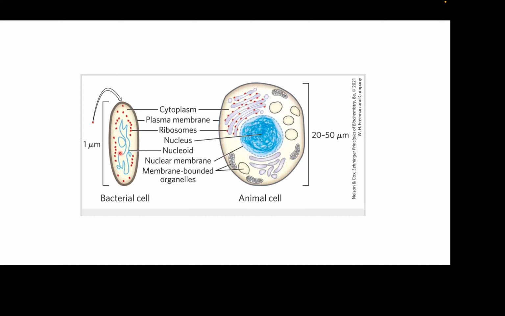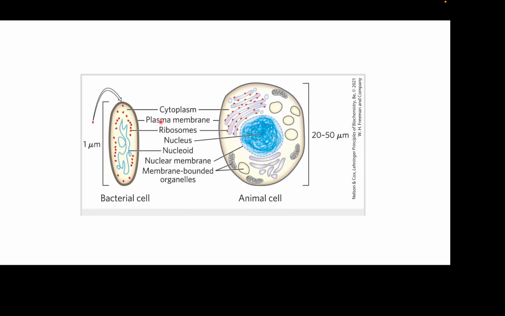But there are some things which are common even between the prokaryotic cell and a eukaryotic cell. They are the plasma membrane, as you can see here, ribosomes, and cytoplasm. Our concern is the plasma membrane, as it is present in both prokaryote and eukaryote, and it has important functions to perform, right?